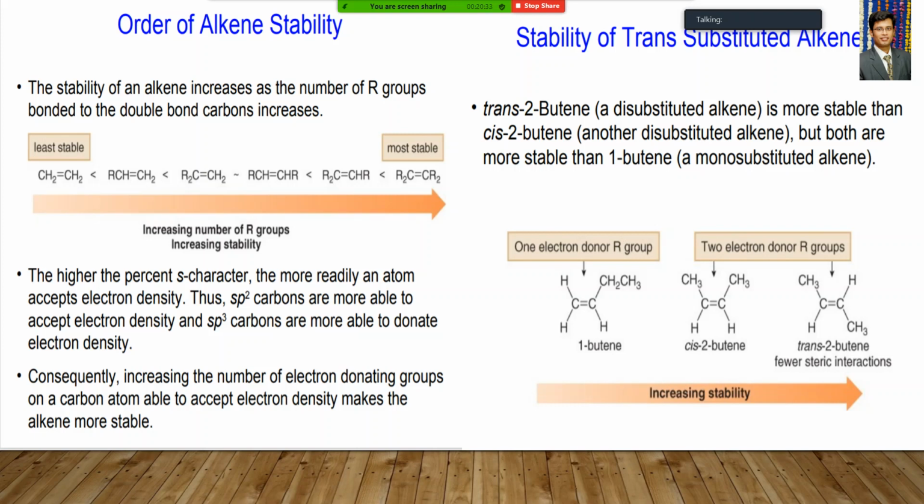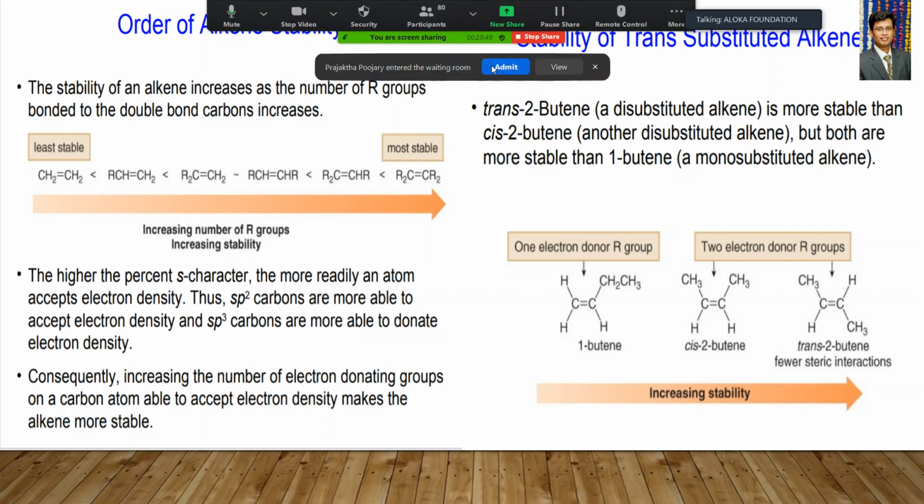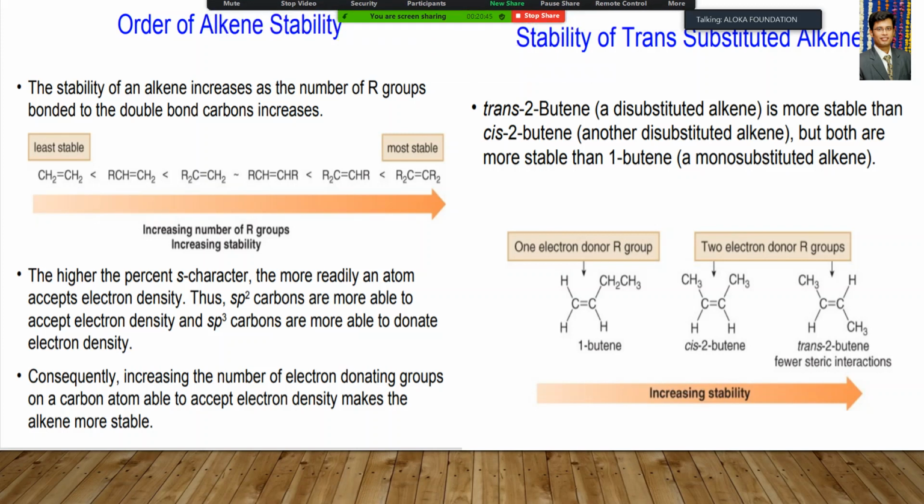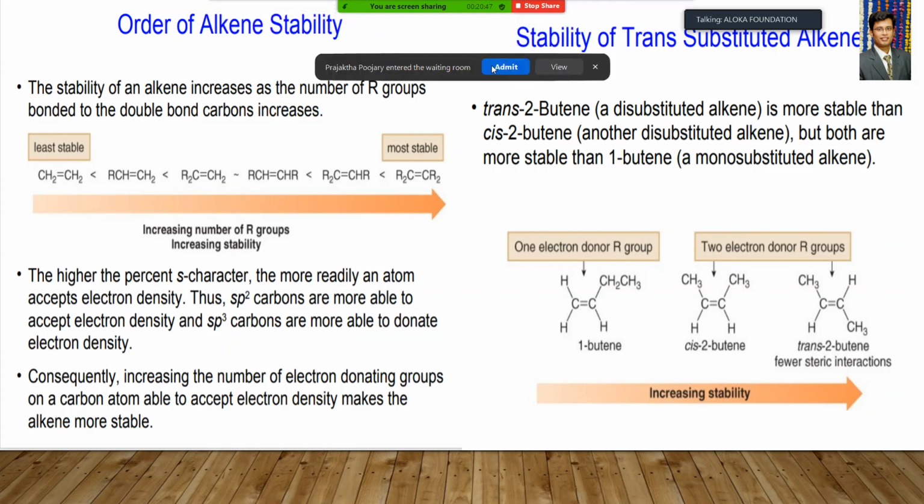There is 1-butene and 2-butene, and in 2-butene there are cis and trans forms. The trans 2-butene is disubstituted and is more stable than the cis disubstituted alkene. But both are more stable than 1-butene, because it is monosubstituted.